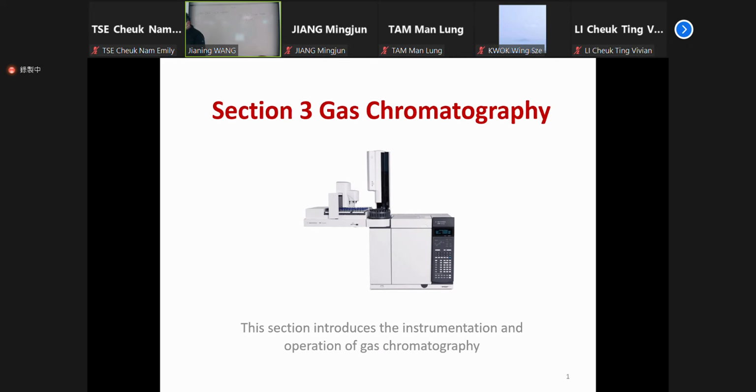Because in this class we split the methods into 2 parts, one is GC and one is LC, we need to learn the principles 2 times, but at different levels. So in the second part, you will learn a more complex theory.